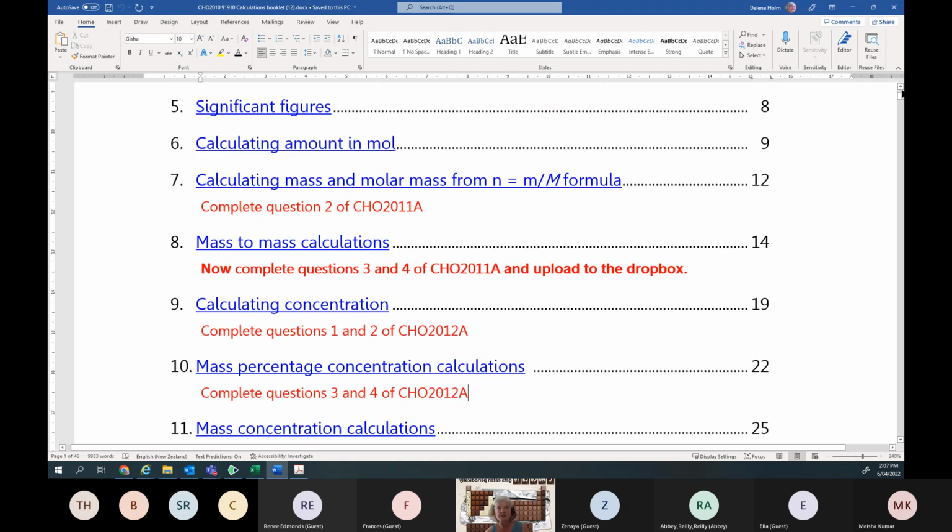Then we looked at using that just for one substance, but if we want to use it for two substances, so say I've got chlorine gas, and I want to know how much chlorine gas do I need to form 10 grams of table salt, sodium chloride.